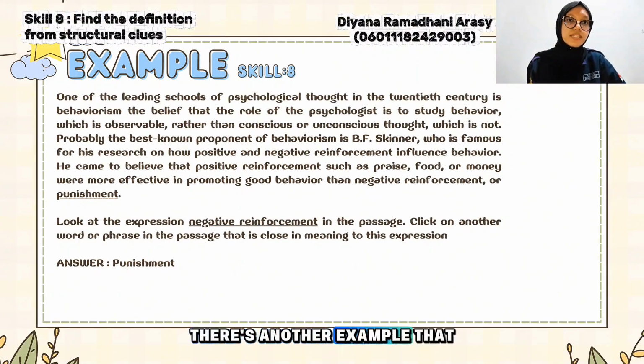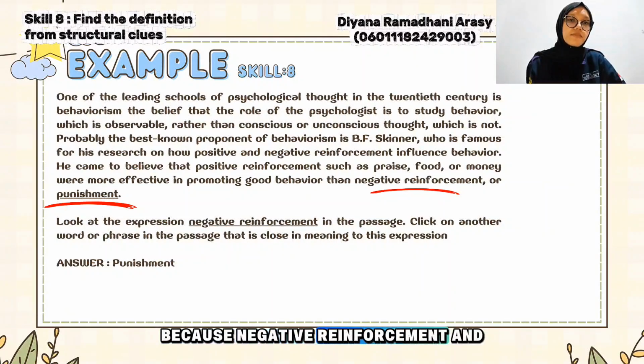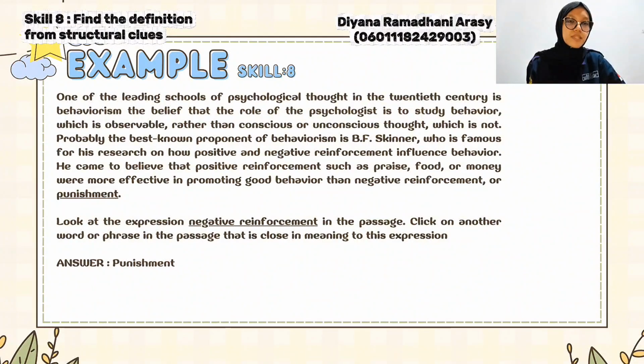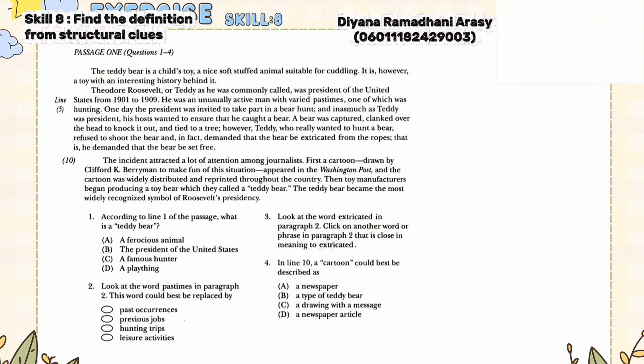Also, there's another example that uses the phrase negative reinforcement in the question. In the same passage, you will find the word punishment. That's your clue, because negative reinforcement and punishment are related ideas. So, the correct answer is the one that matches punishment. Now, it's time to practice. Read and answer the questions below, and I give you time to answer.